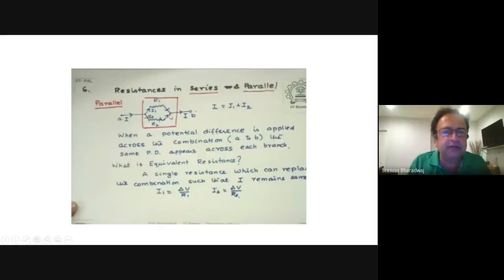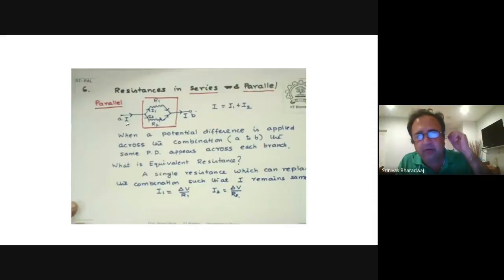Let's call that V. V divided by R1 plus V divided by R2 is equal to I. V divided by R1 is I1, V divided by R2 is I2, so I1 plus I2 is equal to I.